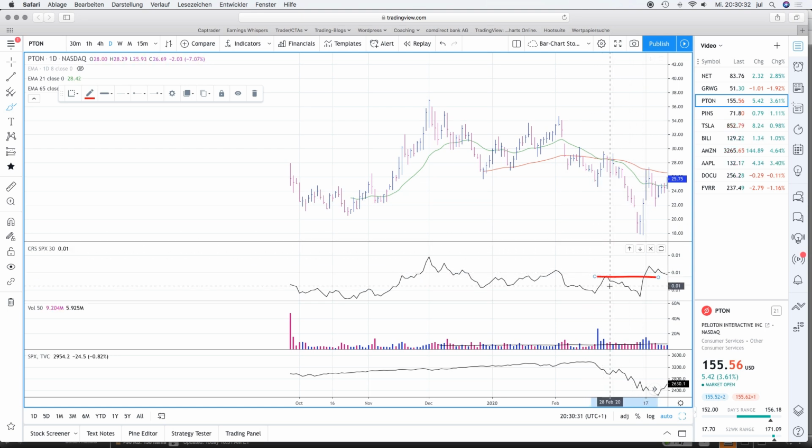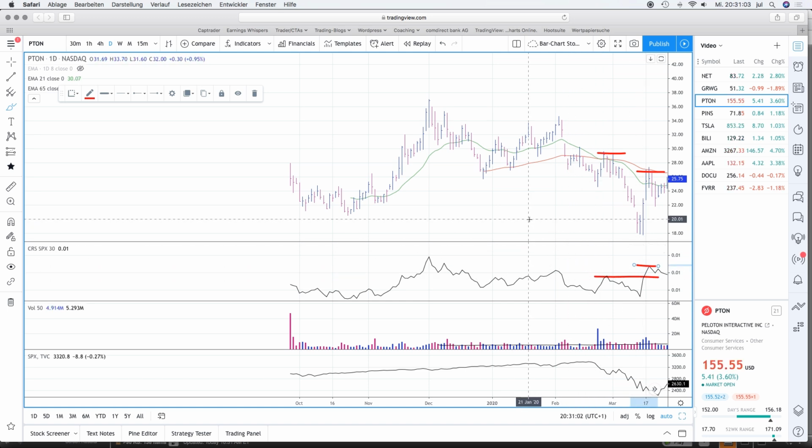So when you compare here on 27 February, the price was here and the RS line was here. And now when you see that move here on March 16, you can see that the price is not reaching the same level, but the RS line is on a new high, on a new relative high. And that's also a very strong sign of outperformance.